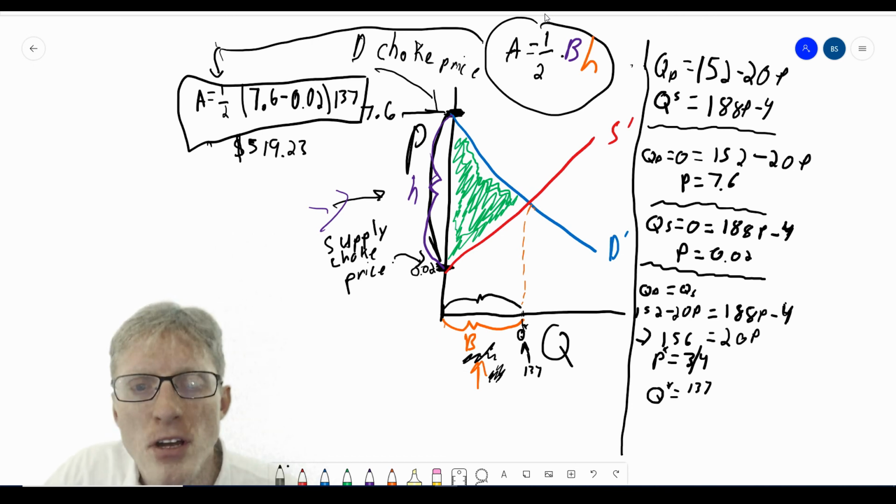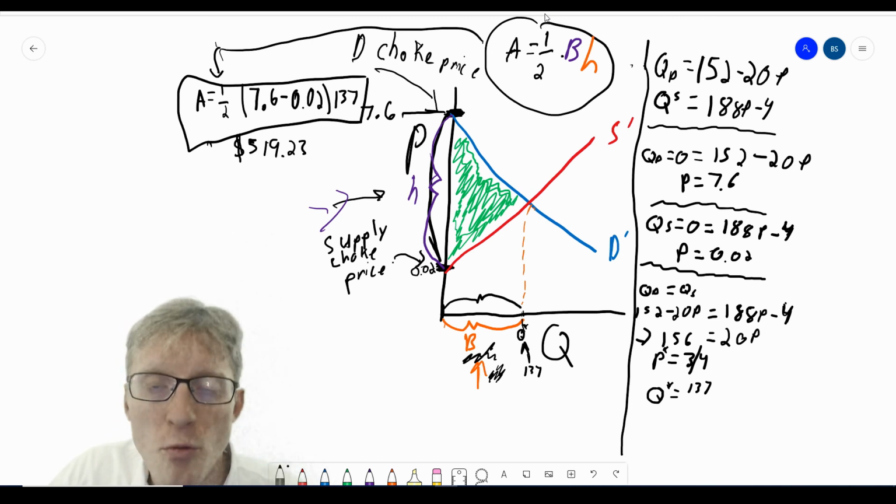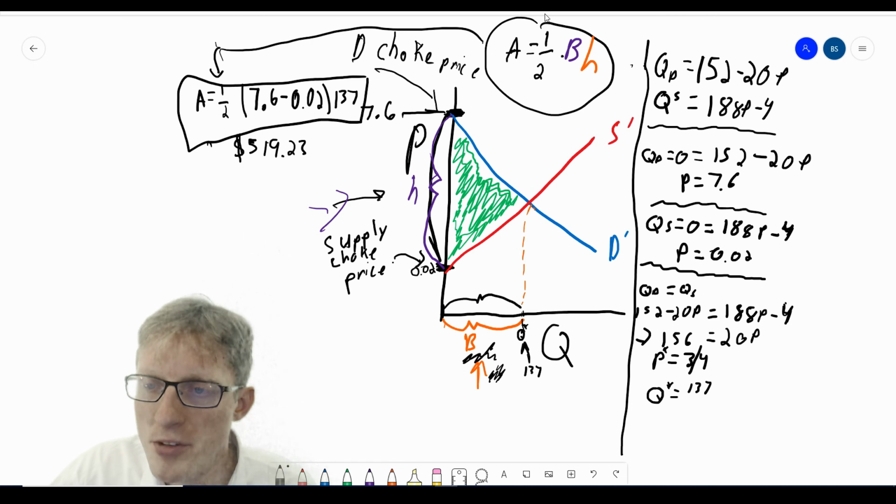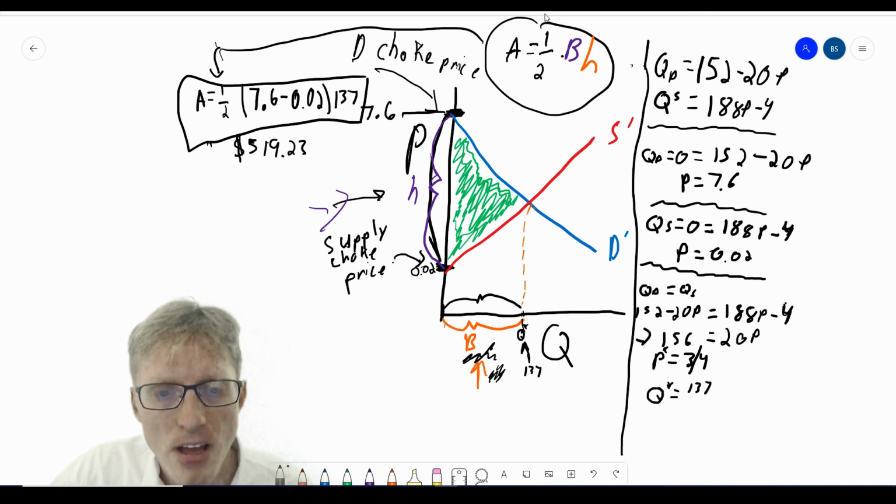So just to quickly review, we knew that the area of the triangle was 1/2 times base times height. So we had to get the height of this triangle and the width of this triangle. The height is simply equal to the demand choke price minus the supply choke price. And the width, or the base, was simply equal to the equilibrium quantity in this market.